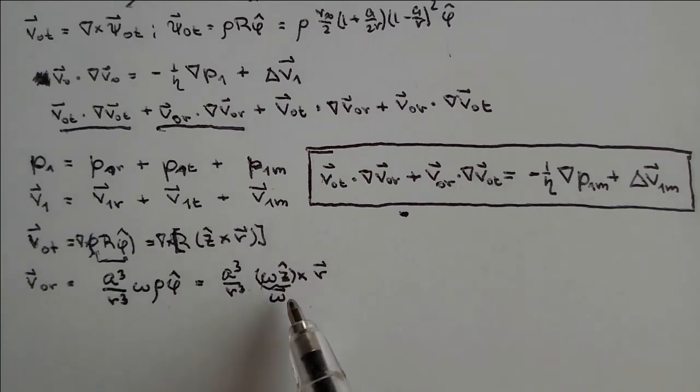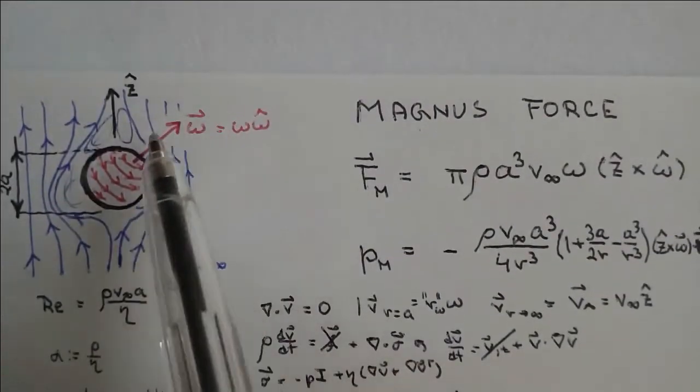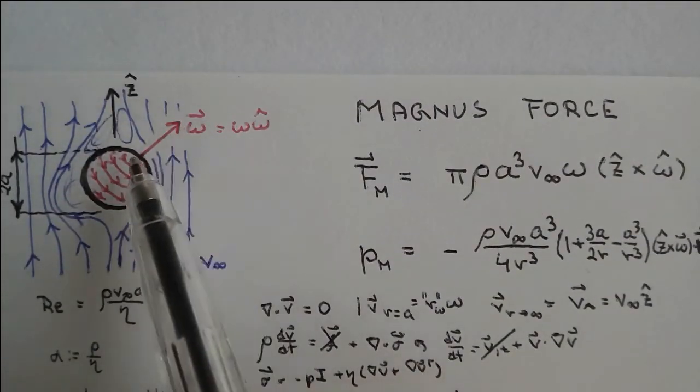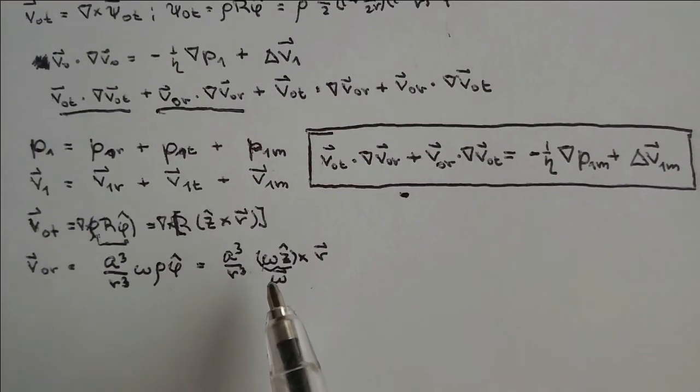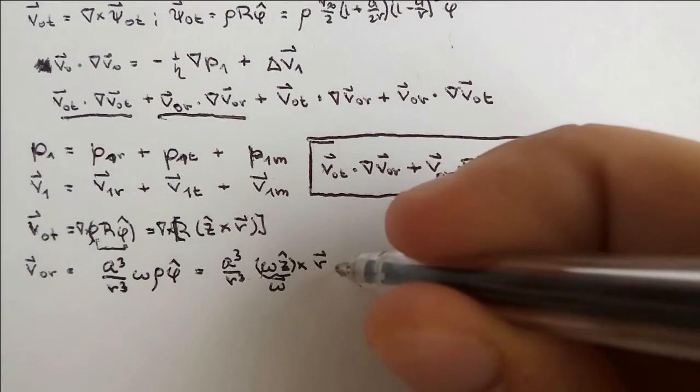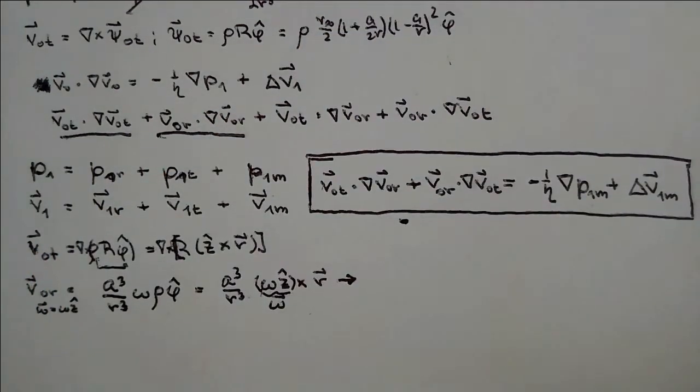You can rotate with the ball and make a different set of coordinates, and I can also choose the coordinates when z is in the direction of omega. So this is a general term of the solution. Our solution, this is only in the z direction, where omega is omega z hat.